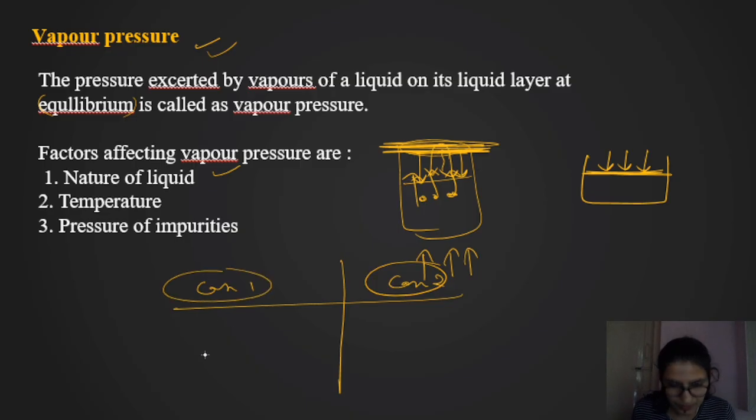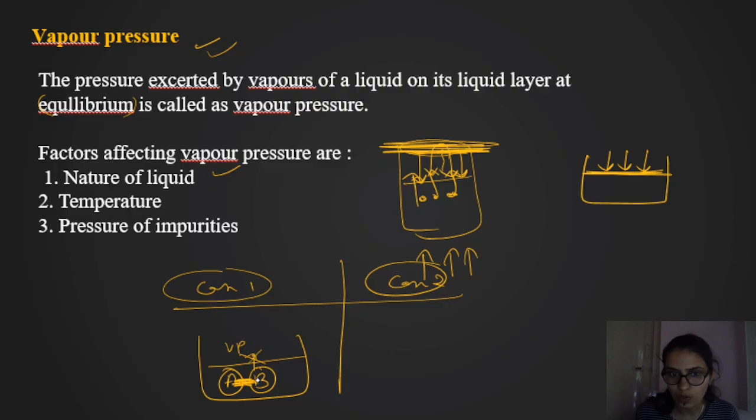In case 1, consider the components present inside have very strong attractive force. So when they have very strong attractive force, they won't convert into vapor form easily. So if the vapor is lesser, then the pressure created by the vapor is also lesser.